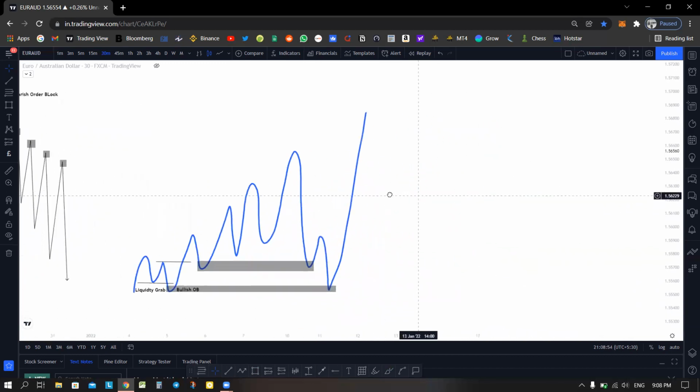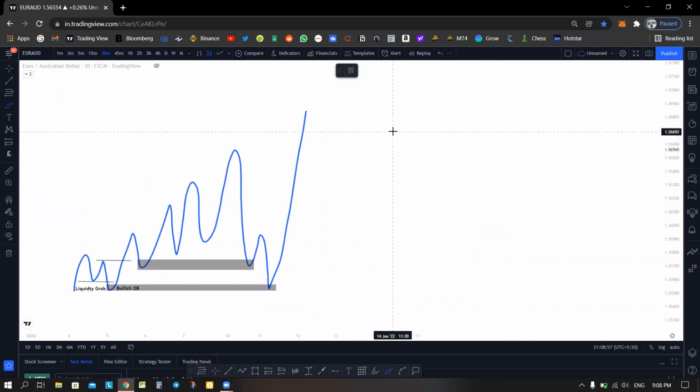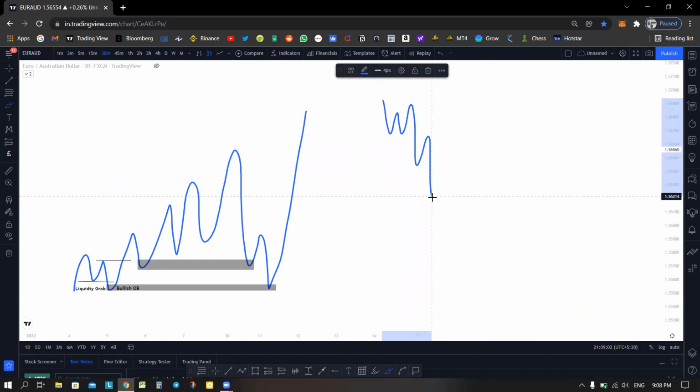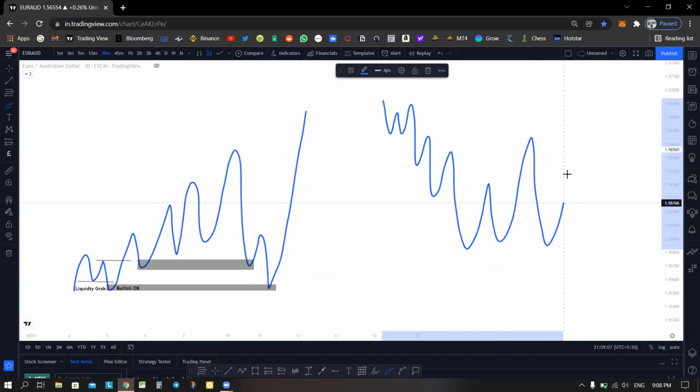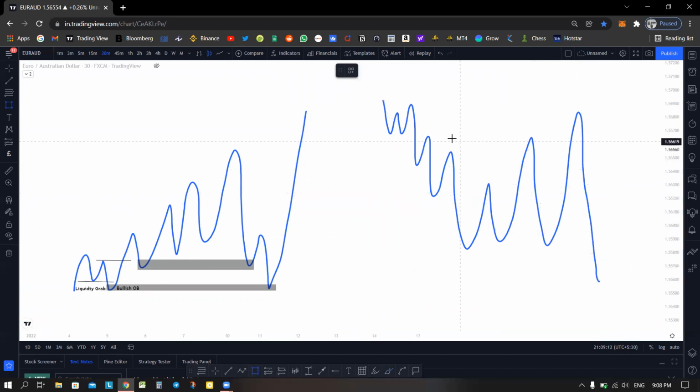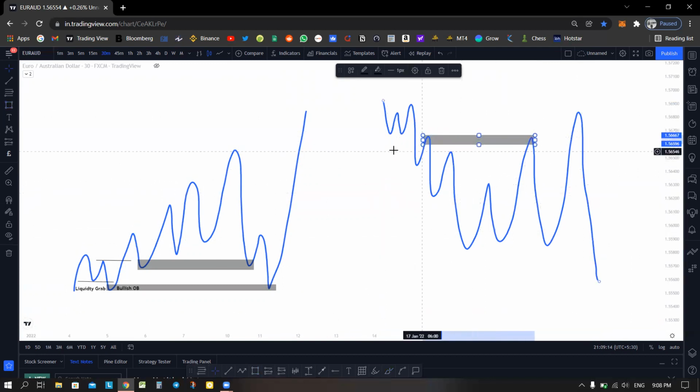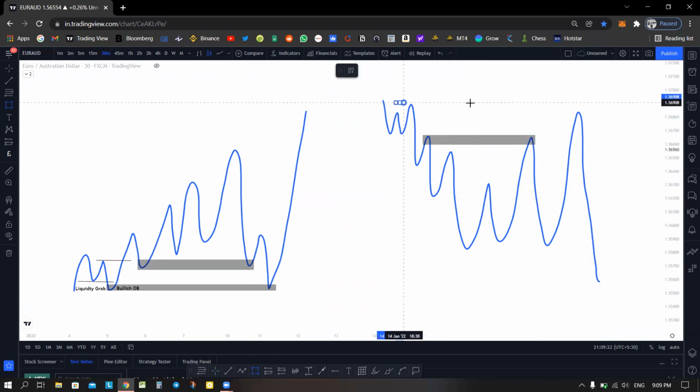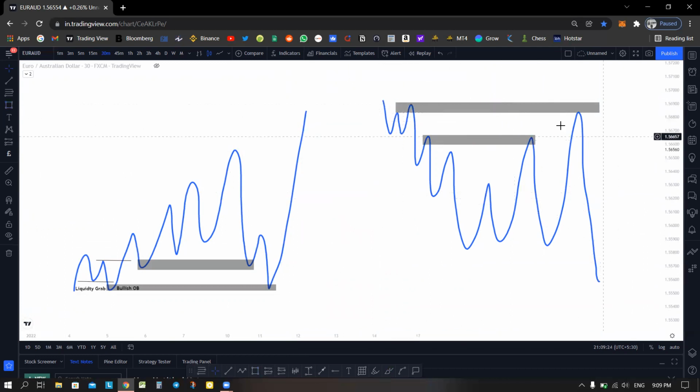In the same way, for a bearish order block, this one was a retail order block because this block didn't take out any liquidity, and this one was the institutional order block because it took out liquidity from here.